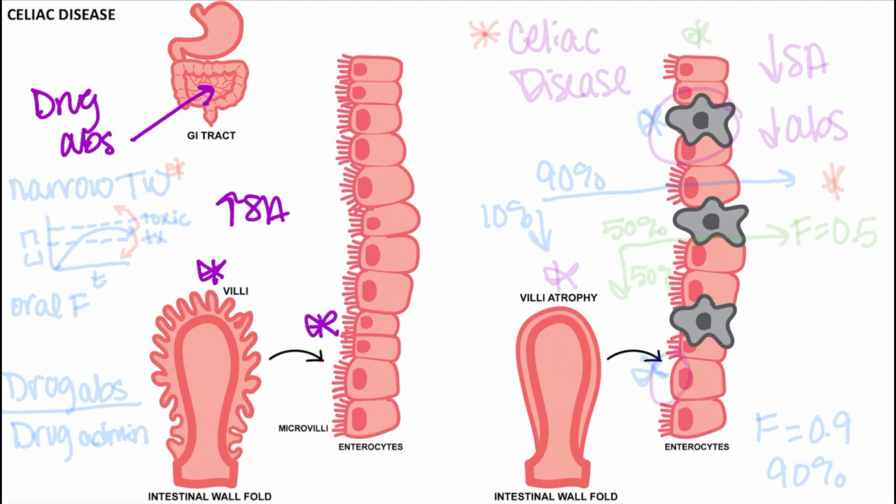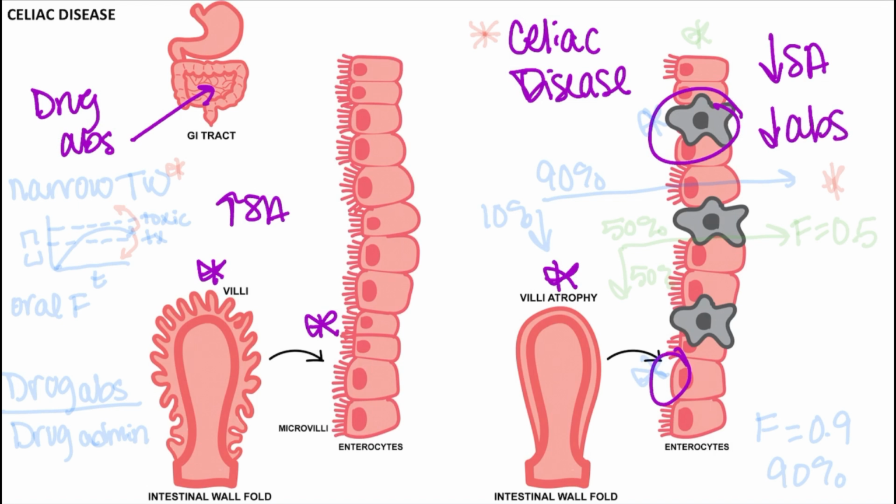However, in the setting of celiac disease, with villus atrophy, microvilli loss, and enterocyte loss, the surface area is significantly reduced, which will significantly reduce drug absorption. This reduced extent of drug absorption may cause the patient to no longer be at a therapeutic concentration and not experience any benefits of taking the medication.